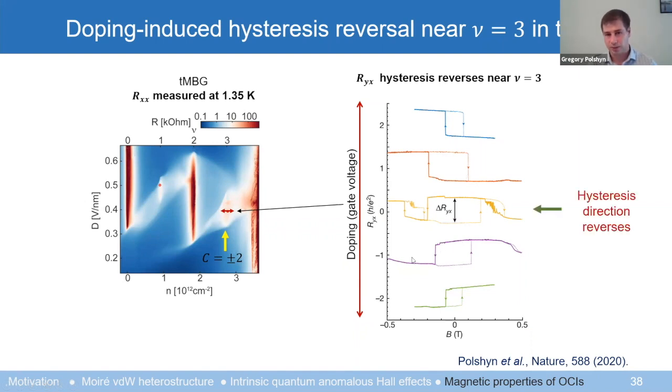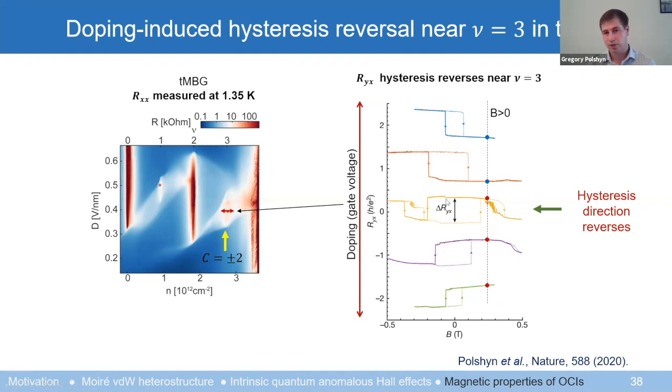You can see, for example, that this loop has the opposite direction to this one. This could also be viewed from another point of view: if we look at what magnetic state is stabilized by positive magnetic field, at some negative dopings we stabilize a magnetic state which has positive Hall resistance. But then it suddenly switches to the other magnetic state with negative Hall resistance.